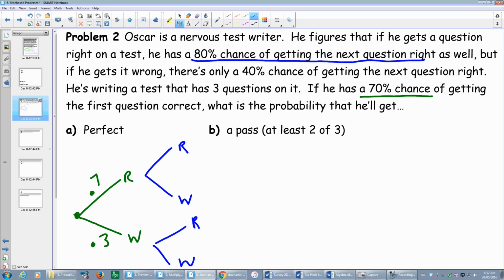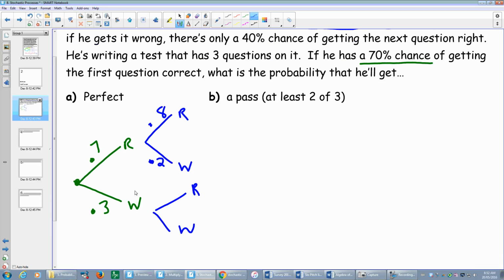So I'm following the first one. If he answers the first one correct, there is an 80% chance that he will get the next one correct, which means what percent will he get? What's the chance that he'll get it wrong? 0.2.